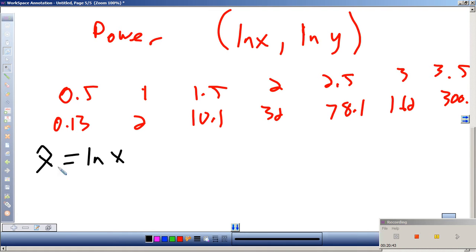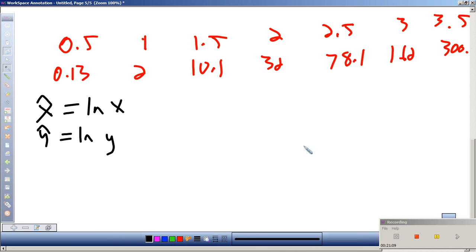So in this case, we're saying X hat is equal to the natural log of X. Y hat would be the natural log of Y. That's to say that we're going to do a model using X hat and Y hat instead of X and Y, because this is our X here, this is our Y. Now we're going to go through and linearize this by finding X hat and Y hat for each of these. Yeah, this is a good organization method.